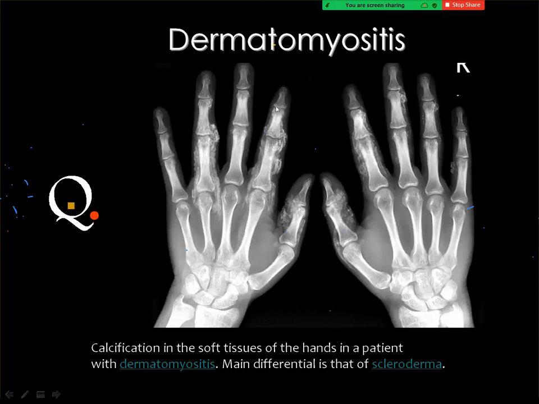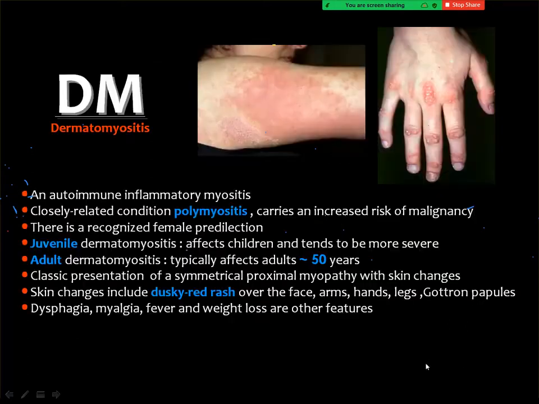Scleroderma is associated with erosive changes of the phalangeal tufts and contractions of the joints. Dermatomyositis is an autoimmune inflammatory myositis, and it has a risk of malignancy.